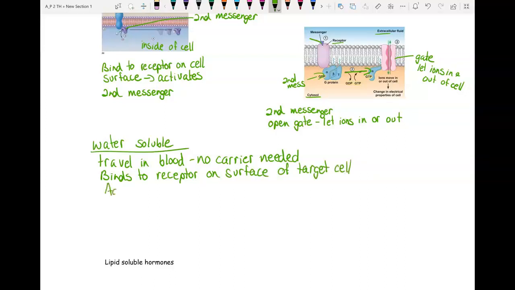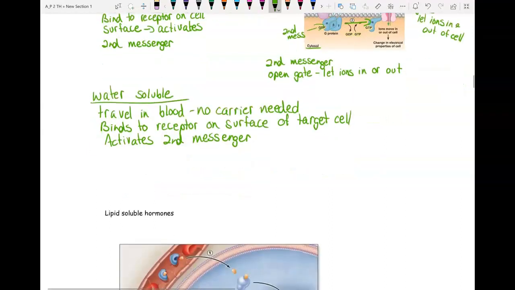This activates a second messenger. And then two things can possibly happen from that second messenger. You can activate an enzyme, or you can open a gate.